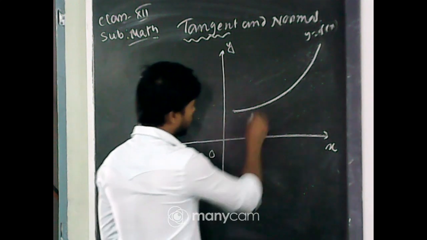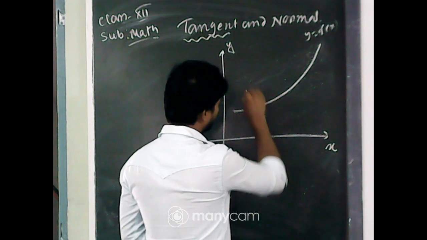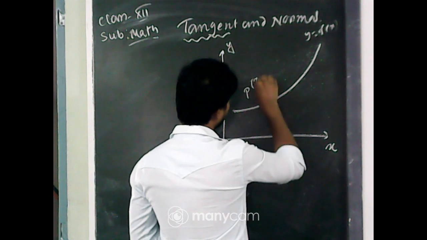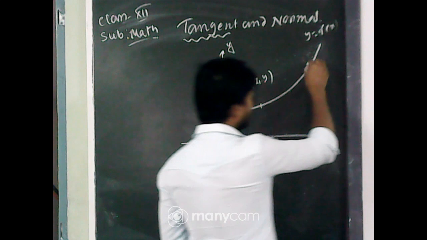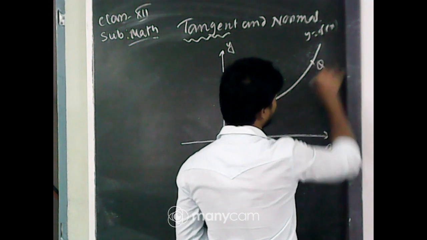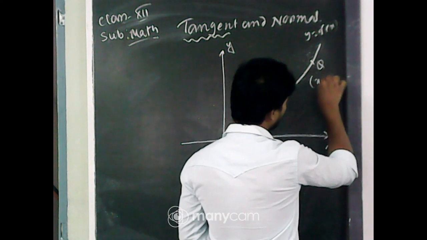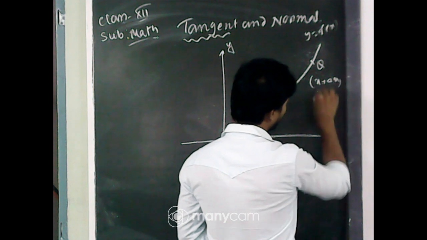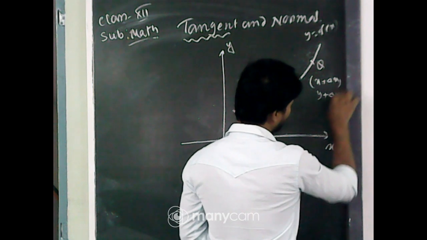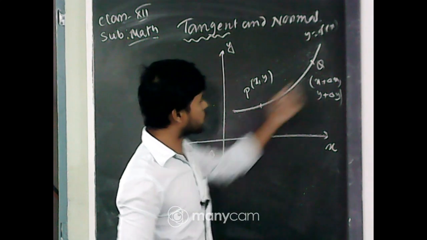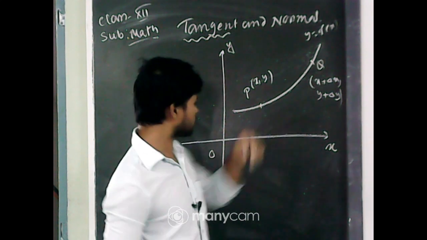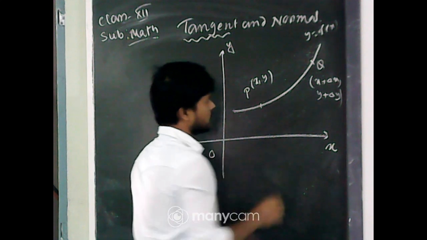Let us consider one point P here, whose coordinate is x comma y, and one point Q here, whose coordinate is x plus delta x comma y plus delta y. Means the point Q is very close to the point P. Clear?